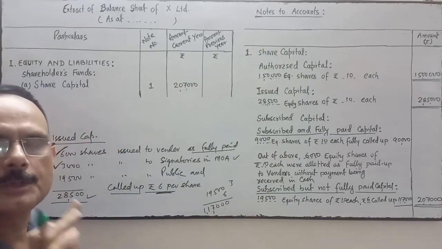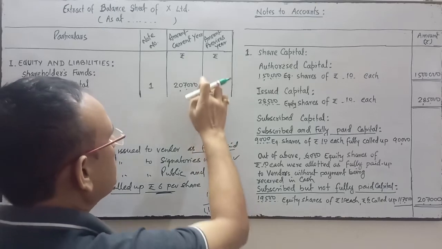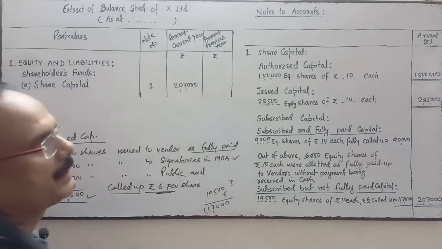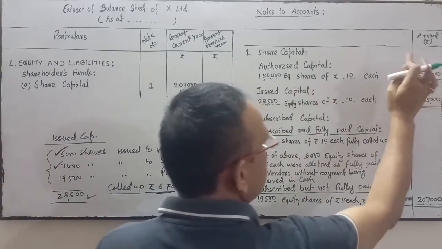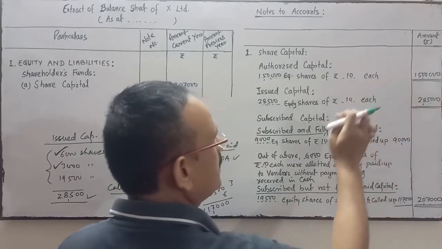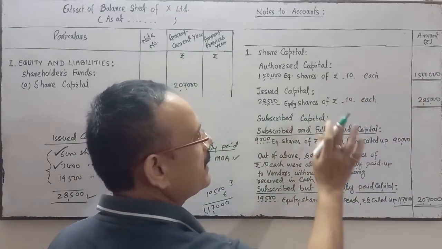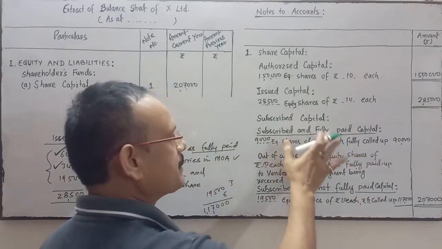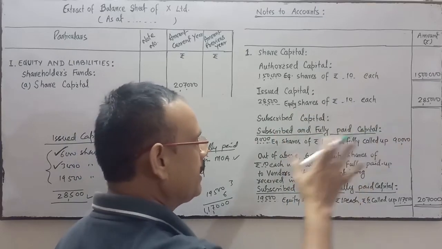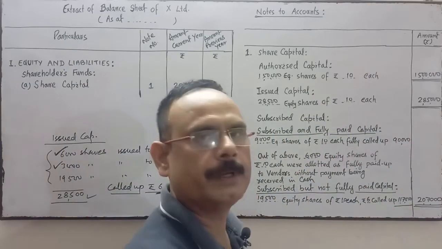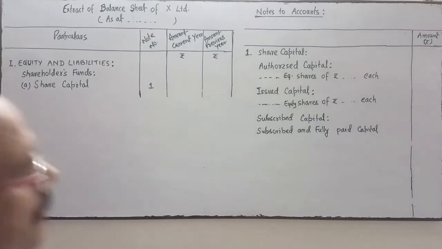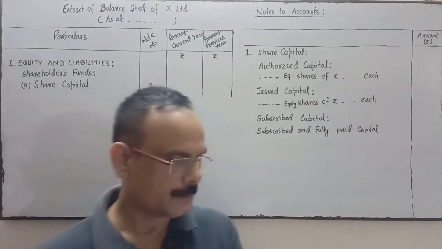In the notes to account you will get the detailed information regarding the authorized capital, the issued capital, the subscribed capital, out of which subscribed and fully paid, and subscribed but not fully paid. Now see the next question.